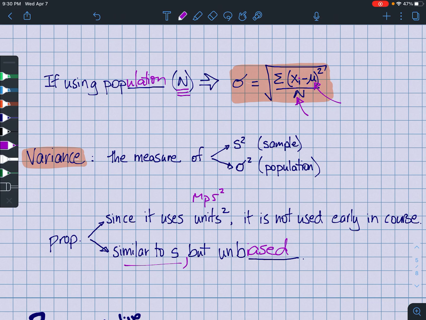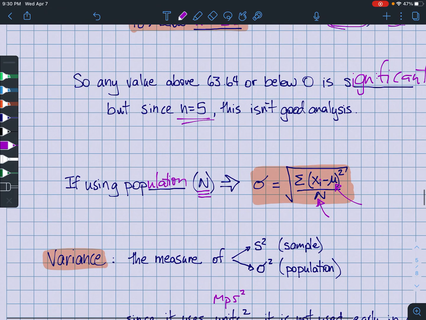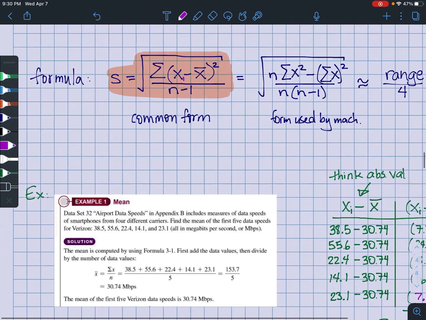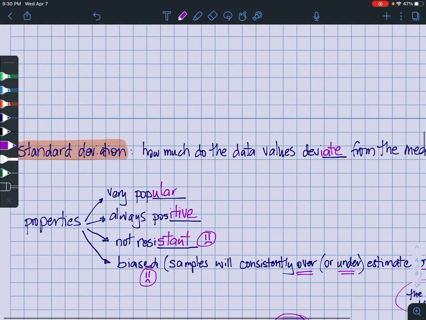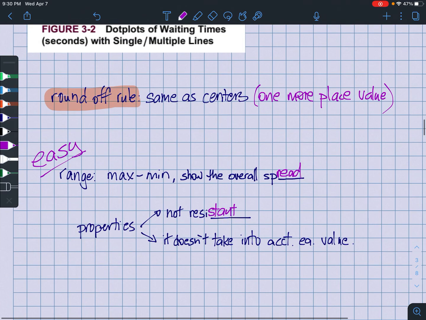So it's similar to that, but it's unbiased, so that's why we look at it, because it isn't off as much. All right. Strange, huh? All right, couple properties there. So there's variance, standard deviation, huge idea, and range.